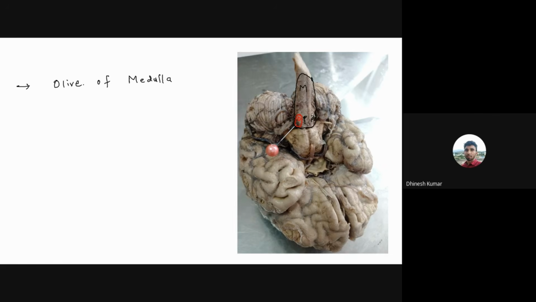Again, the sub question will be how the pinned area is produced or formed. Olive is an elevation produced by the underlying inferior olivary nucleus.